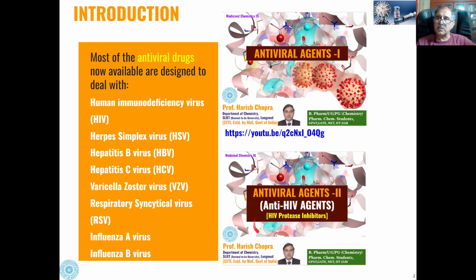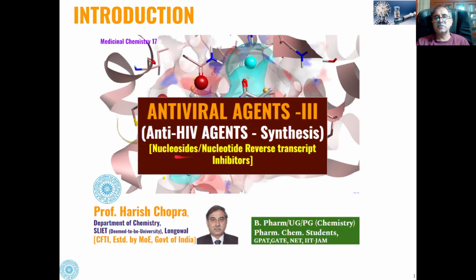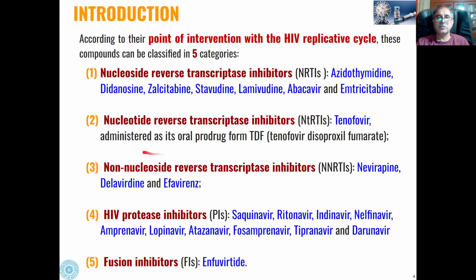And in the second lecture itself, we have discussed the different types of HIV protease inhibitors, whereas in the third lecture we have discussed nucleoside based or nucleotide based reverse transcriptase inhibitors, which can inhibit the replication of different types of HIV viruses. And now in this fourth lecture, we will discuss about non-nucleoside reverse transcriptase inhibitors.